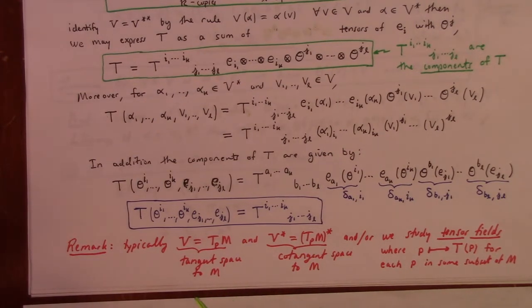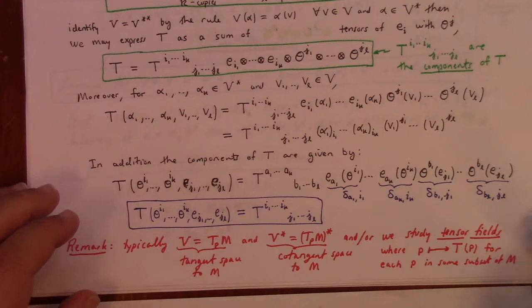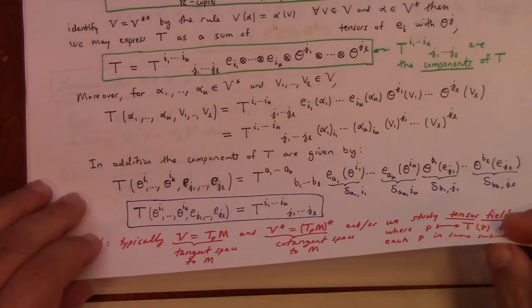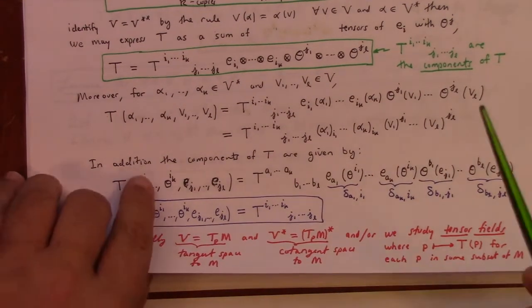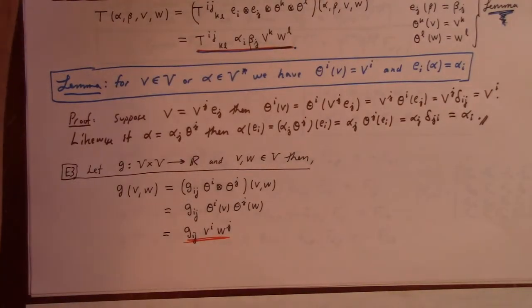So attaching a vector at each point in Minkowski space gives you a vector field on Minkowski space. Attaching a covector at each point would give you a one form on Minkowski space, and so forth. So we can talk about tensors at a point or tensor fields, just like we could talk about vectors or vector fields in calculus, you may remember.